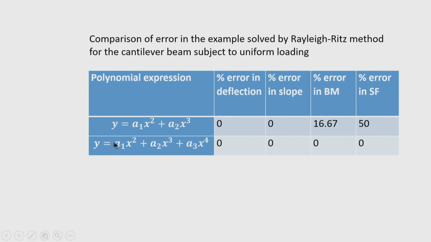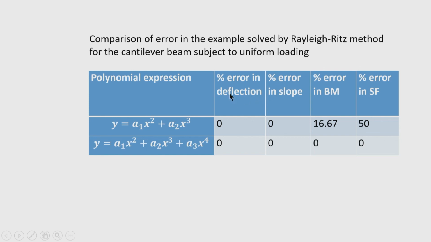But when we increase one term of the deflected series, we get the percentage error in deflection, slope, bending moment and shear force. Bending moment and shear force refer to the bending moment and shear force at the fixed end, because these fixed end moments are maximum, whereas the slope and deflection are referred to the free end, where the standard values are known.